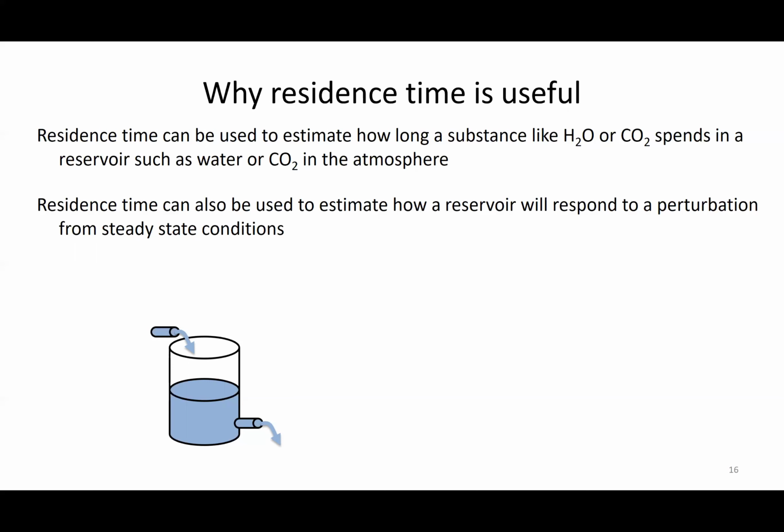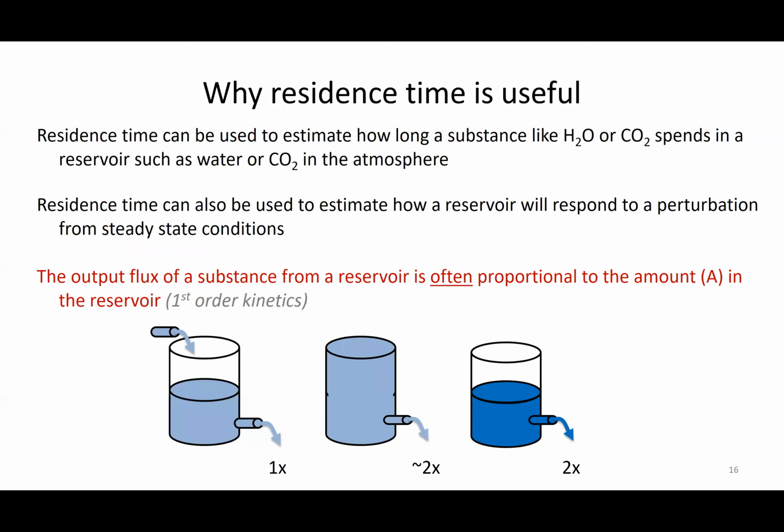So if we consider a tank down here that has water flowing in and water flowing out, and if they're equal, it's obviously in steady state. But what if we perturb the system? What happens if we change the input flux or the output flux?